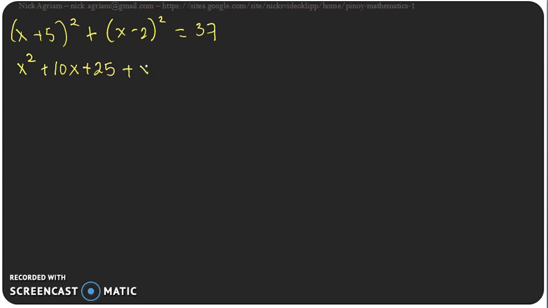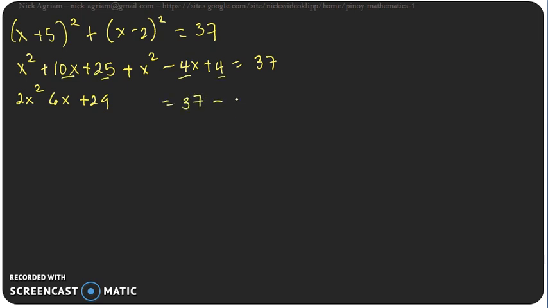And then we have x squared minus 4x plus 4 is equal to 37. Then we will add the x squared. We have 2x squared, and then we have 6x, and then we have plus 29. 2x squared plus 6x plus 29 is equal to 37.